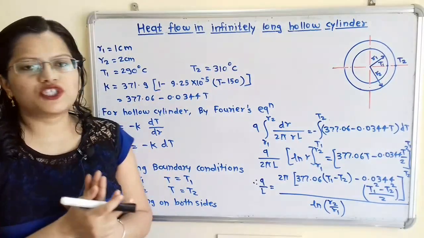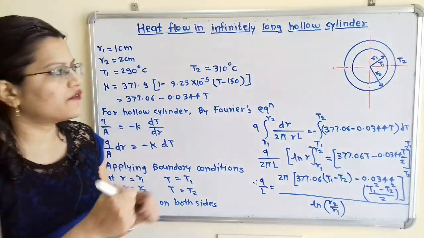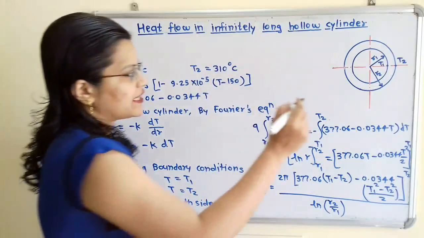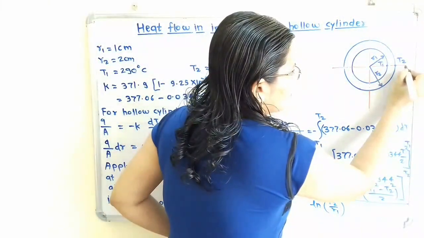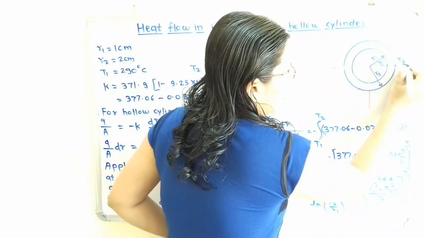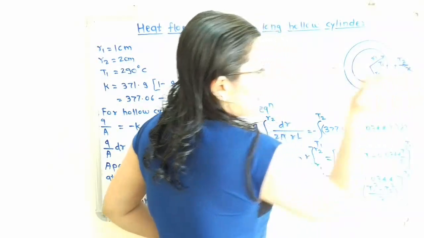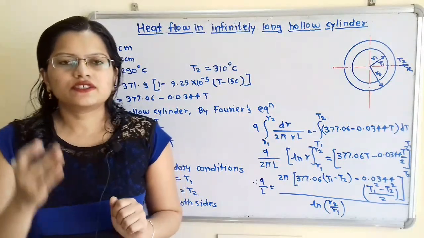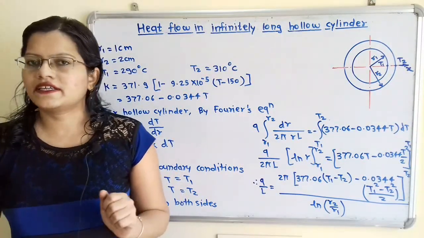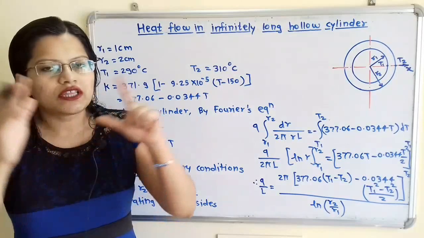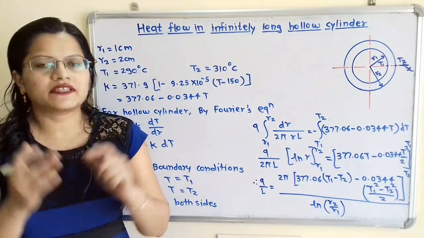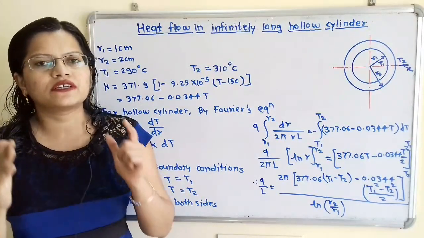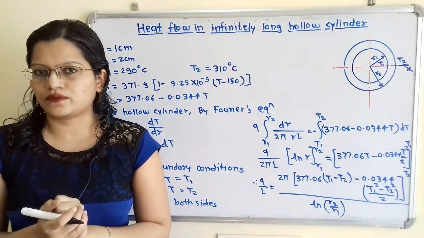For this question we consider the heat flow taking place in the direction of x, towards the right hand side, and there is no internal heat generation. Since all these conditions are satisfied, we apply Fourier's equation for the conduction process.